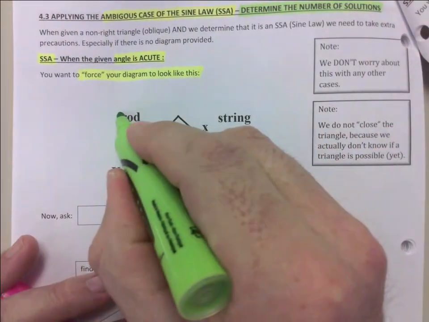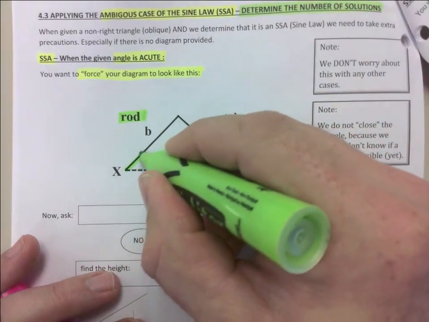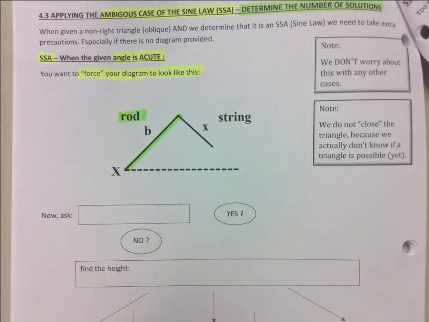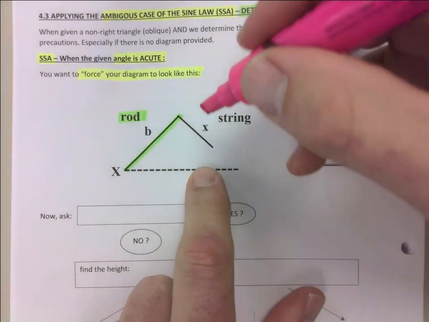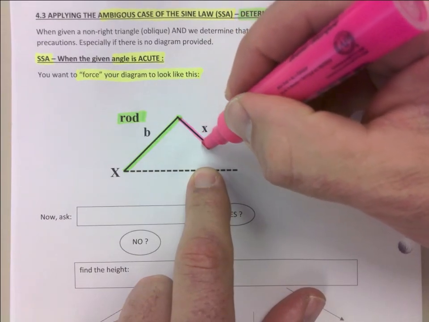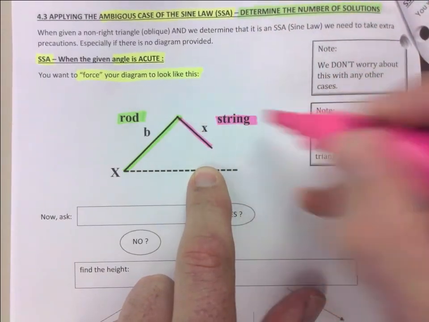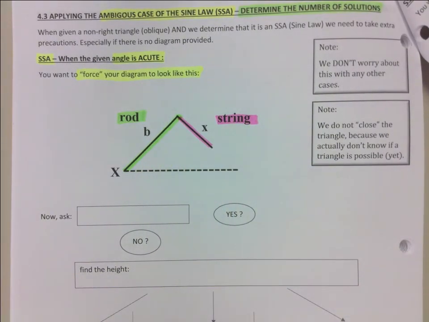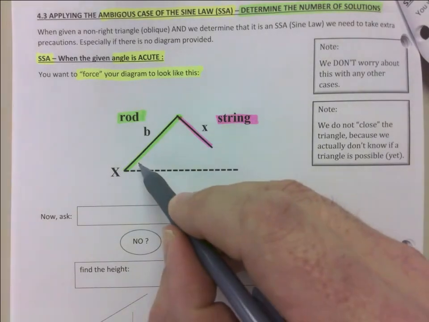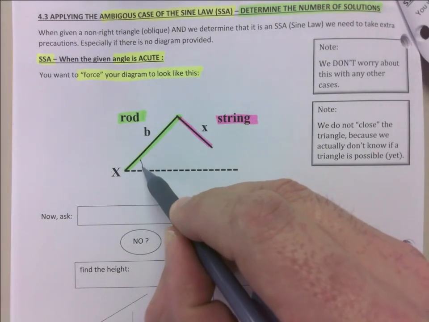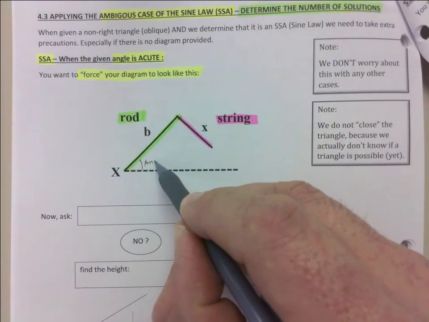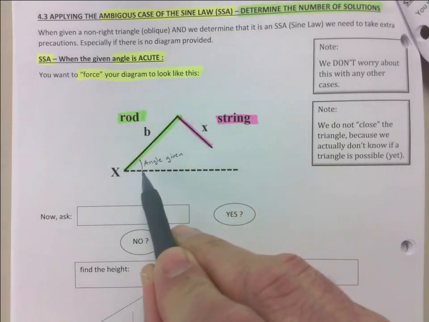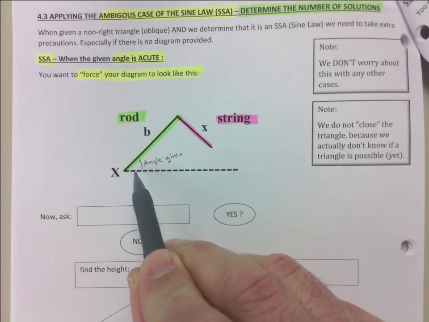You have the rod. I call this side the fishing rod because I like to fish. And the fishing line, that's your string. Those are the sides that we're going to graph. And over here, this is the angle you know. The angle given will go in this corner right here.